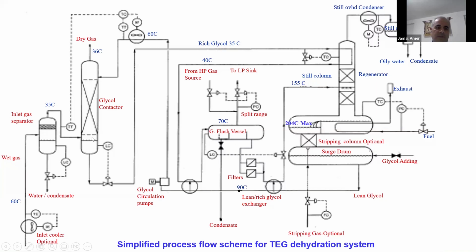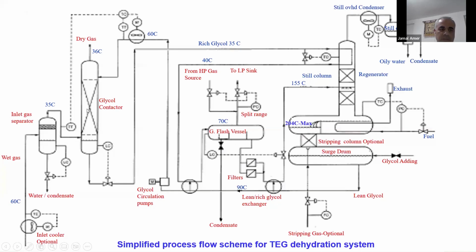So gas is coming from here. This type of contactor we call structured packing, not trays. The gas will go through the packing, and the liquid lean glycol will flow downward.